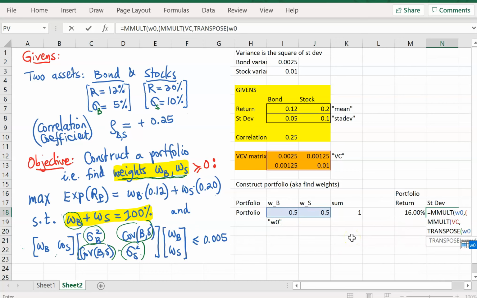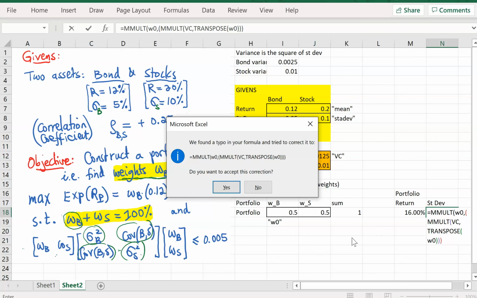Does that make sense? Close parenthesis, the transpose parenthesis, close the second matrix multiplication, close the whole thing. Three times I needed to close the parenthesis, then Control Shift Enter. I was supposed to close four parentheses. Oh, I added a redundant parenthesis somehow.